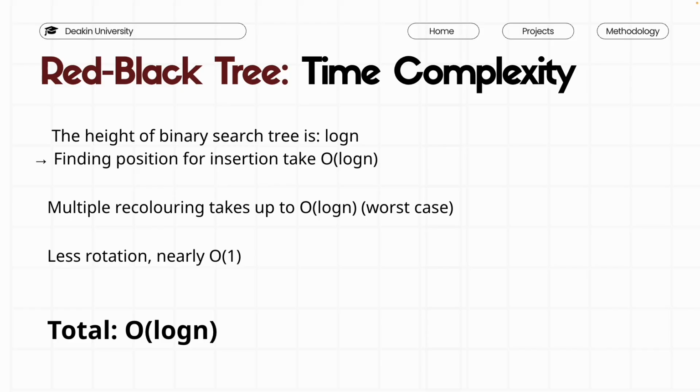But in the balancing method, we have coloring and rotation. In coloring, we use multiple recolorings, which can take up to O(log n) in the worst case. But in the red black tree, we use fewer rotations than the AVL tree, so it's nearly O(1). The total time complexity is O(log n).